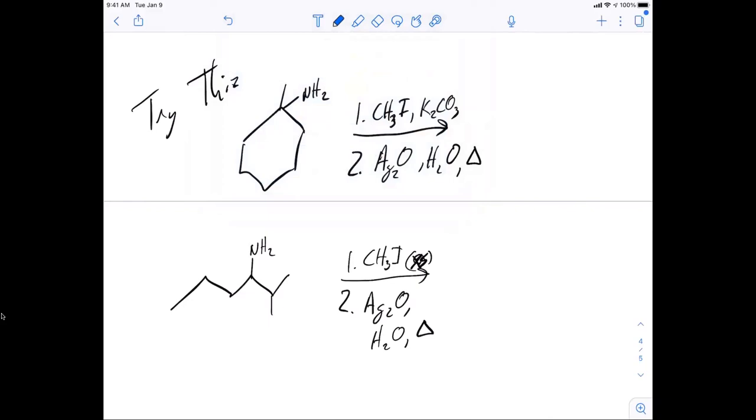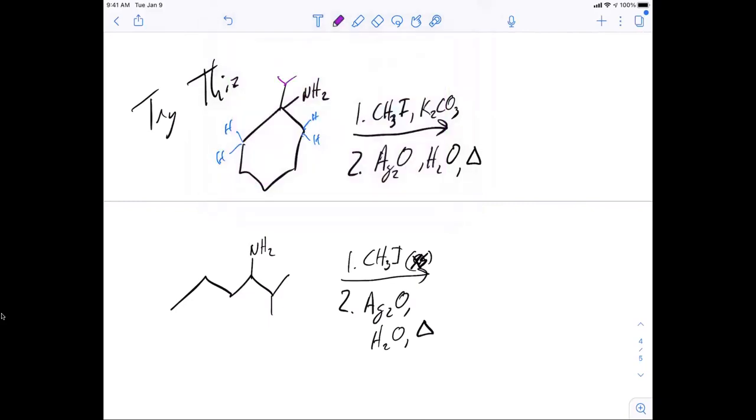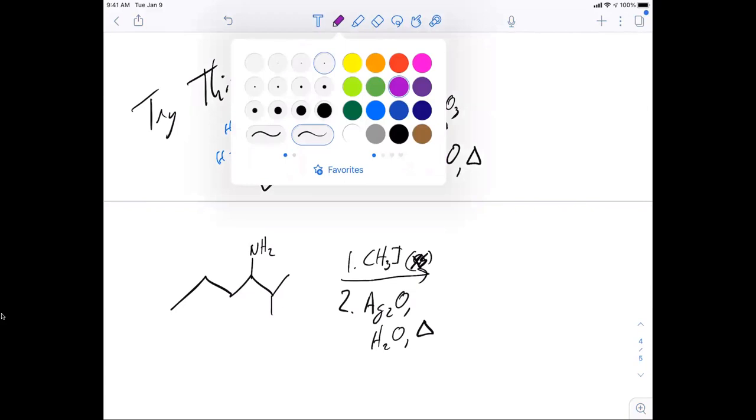So on this one, we have two possible products. We have symmetry down the middle, so we could lose one of these two hydrogens, which is the same as these two hydrogens, right? Or we could have lost these hydrogens. The one going up is going to be my Hofmann product, so that's going to be the favored product.